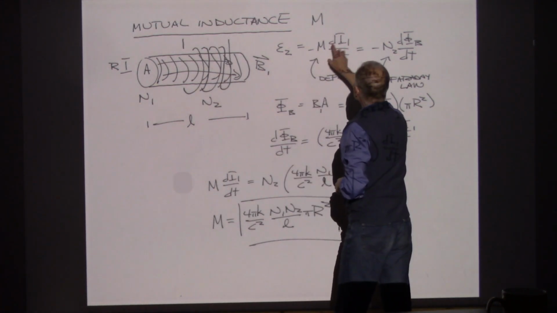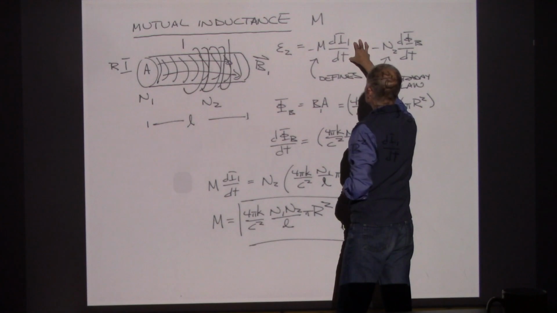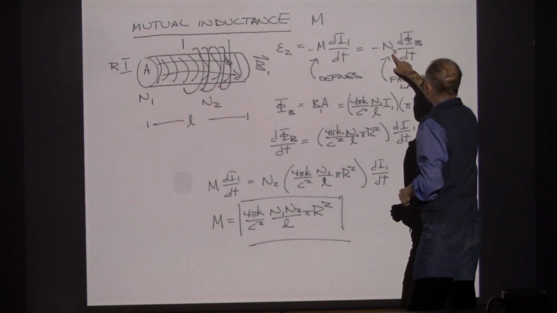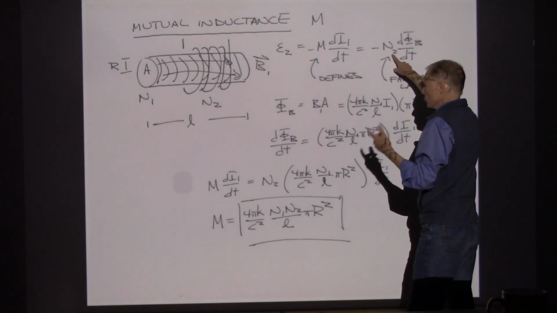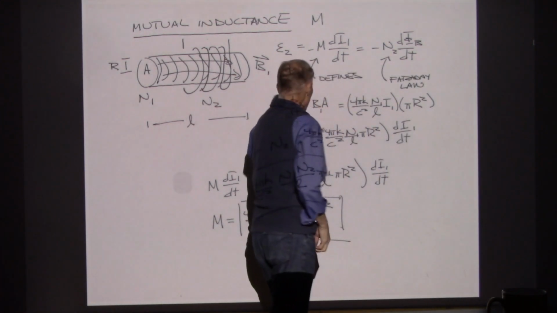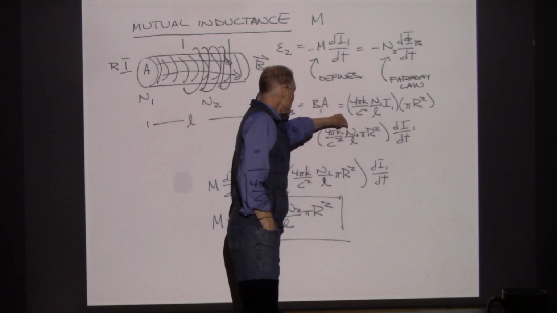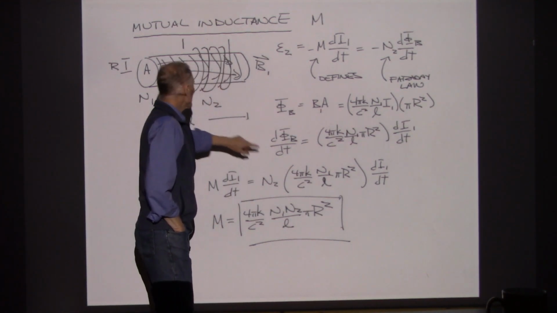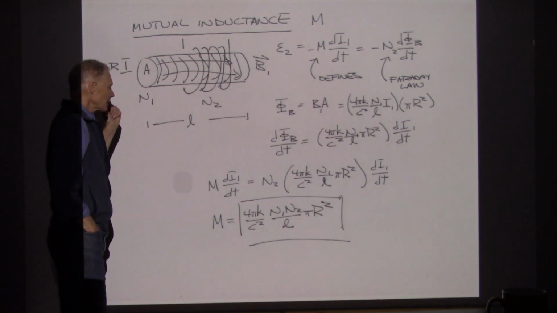Mutual inductance times the time derivative of current 1 is equal to the number of loops in loops 2 times the time derivative of the flux. And so the flux that we have here is proportional to how many loops we've got, and then the EMF that's generated is proportional to how many loops there are in the second loop.